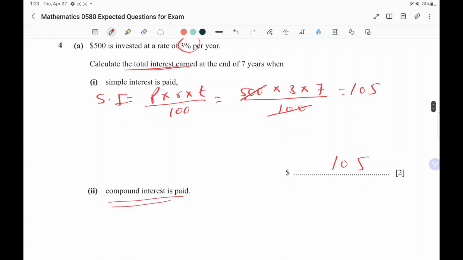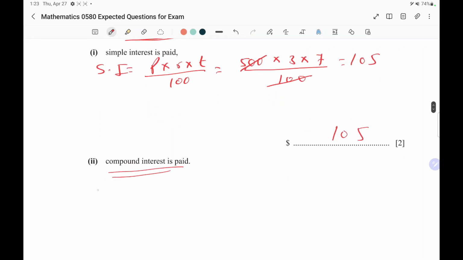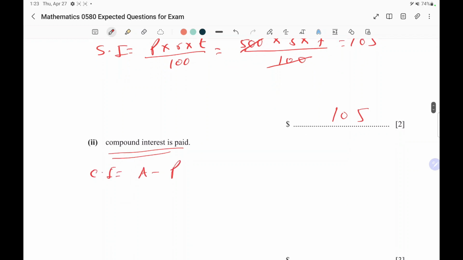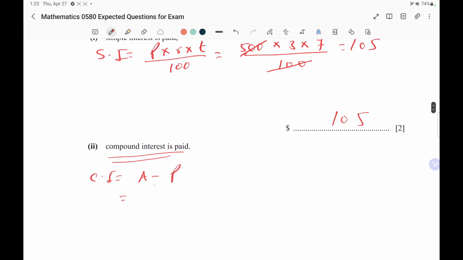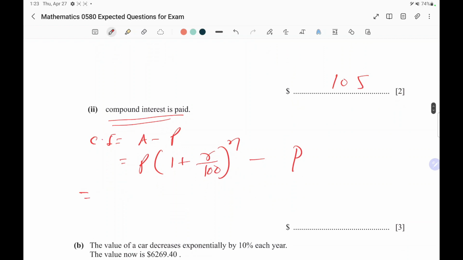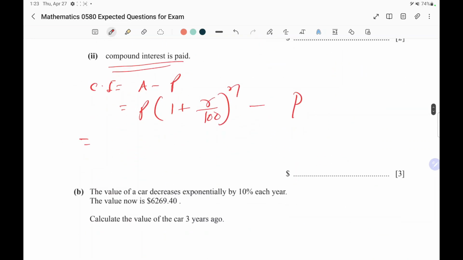Now compound interest, that's a very interesting part. Here compound interest is amount minus principal. Now amount has the formula, this P bracket 1 plus R over 100 to the power N and then minus P. So what you have, P is 500.